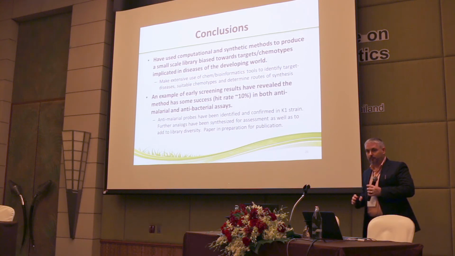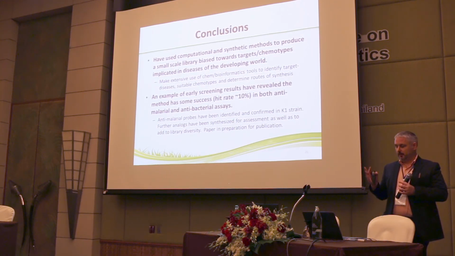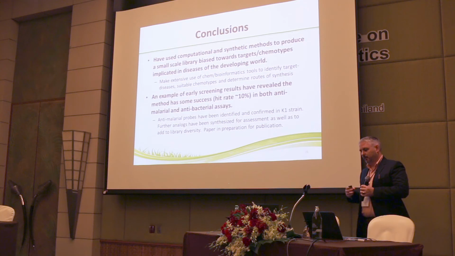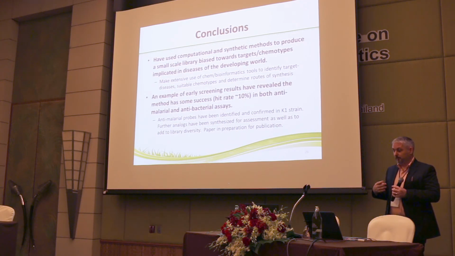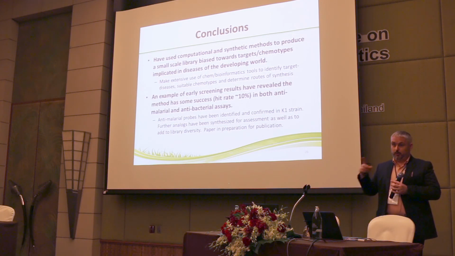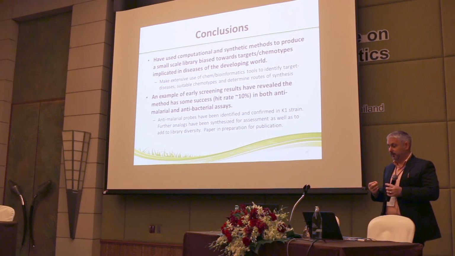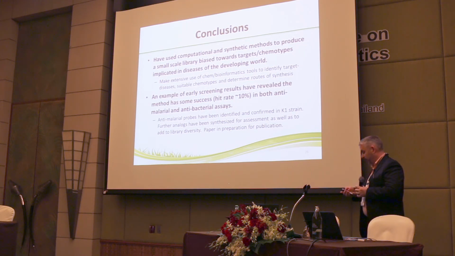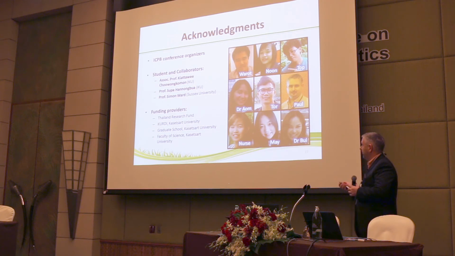These are all roughly 1 microgram per mL in bacteria, and around or less than 1 micromolar in Plasmodium falciparum. So they appear to be reasonable probes in the K1 strain, and we've added further analogues into the kinase library that we're trying to develop. Through different iterations we can submit more and more compounds and generate more and more information.